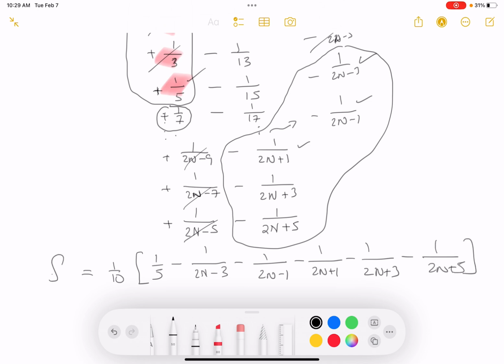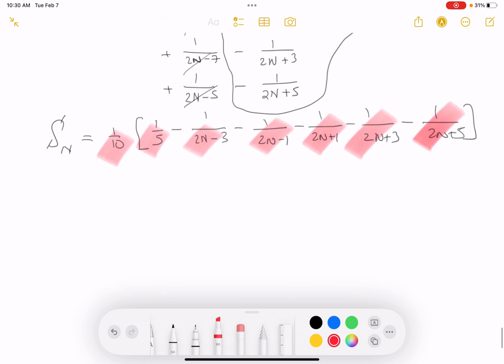And this is Sn. Now, by the way, looking at your key, I'm hoping you're looking at that now. I hope you see this 1/10, you see the 1/5, you see this term, this term, this term, this term, and this term.